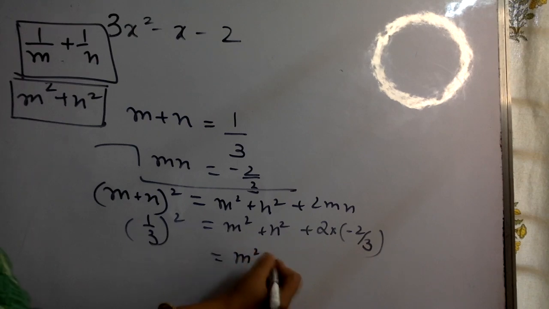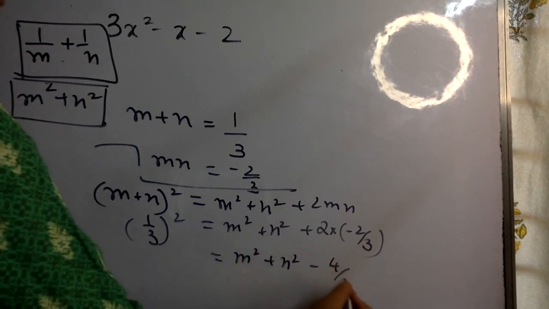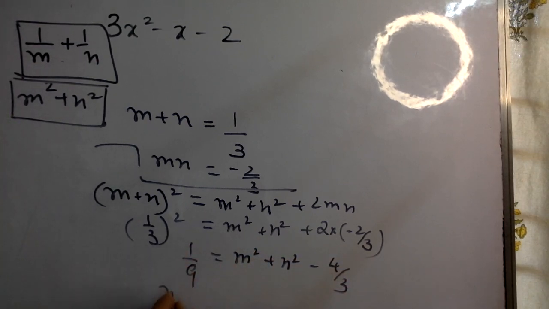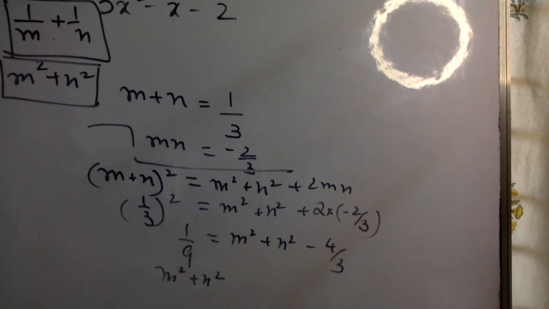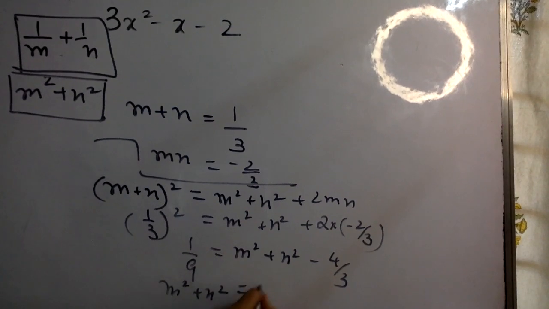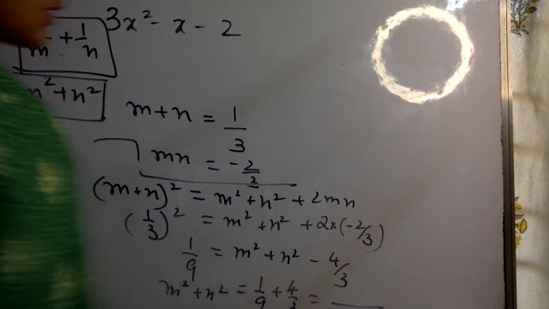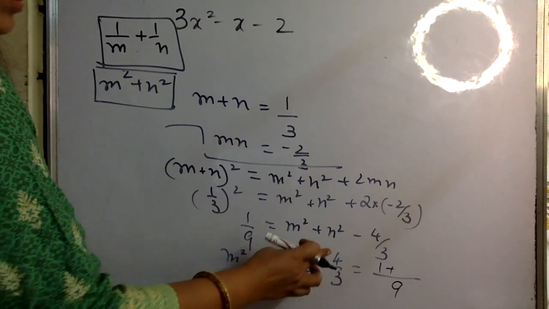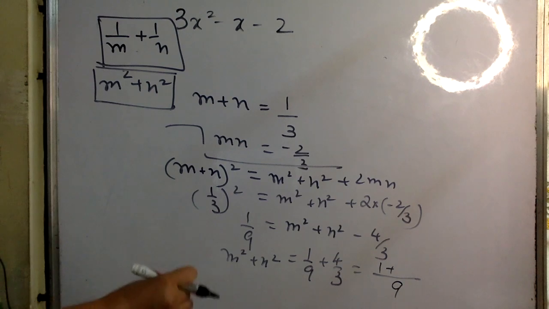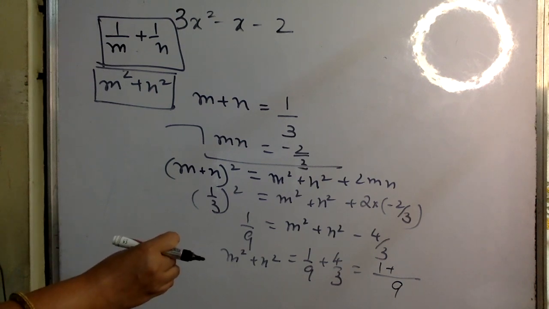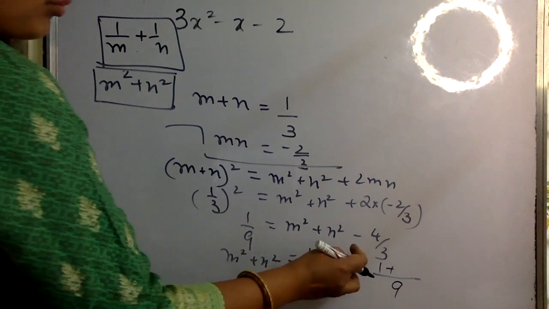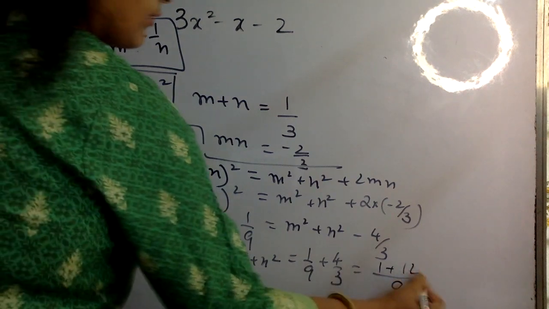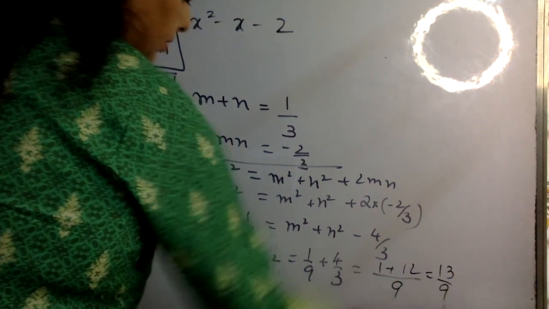So m square plus n square minus 4 by 3 is 1 by 9. M square plus n square is equal to 1 by 9 plus 4 by 3, which is equal to 1 by 9 plus 12 by 9, which is 13 by 9.